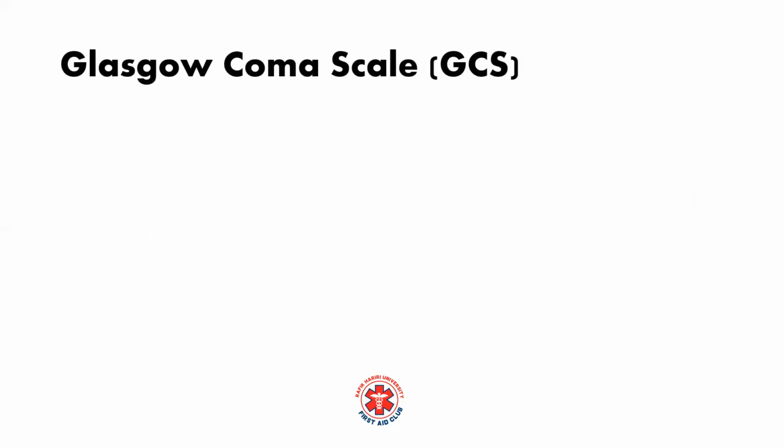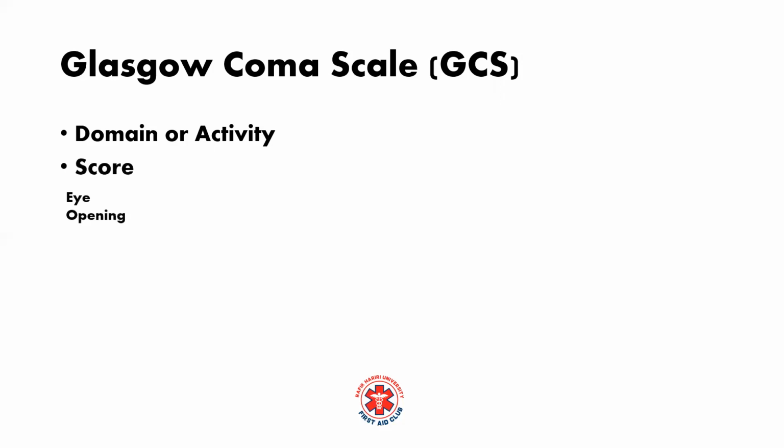The Glasgow Coma Scale, like we said, is a metric to evaluate how badly my patient is injured. I'm going to look at certain things that the patient can provide for me based on certain triggers, and I'm going to give it a score.